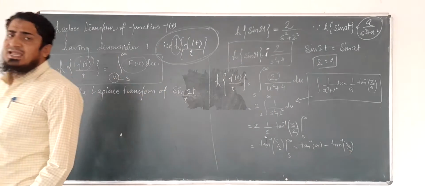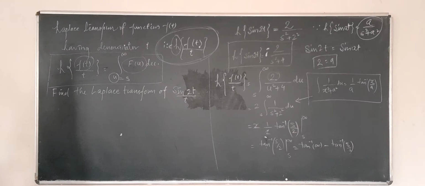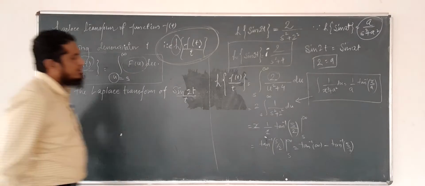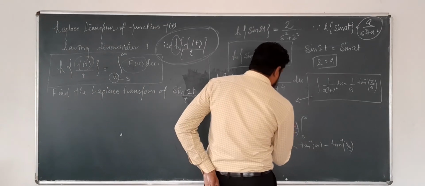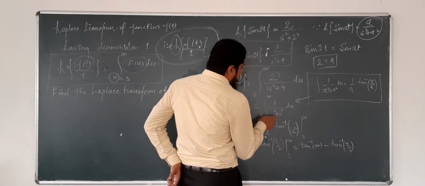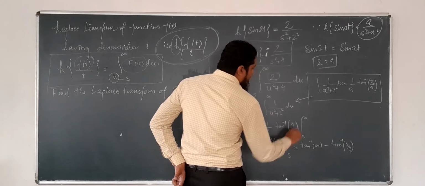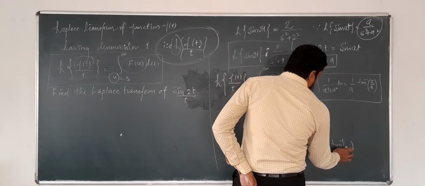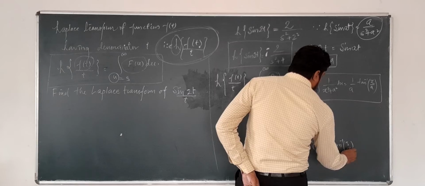Now tan inverse x by x becomes tan inverse of 1, and tan inverse of infinity becomes, here we can write it as u upon 2 and s upon 2.